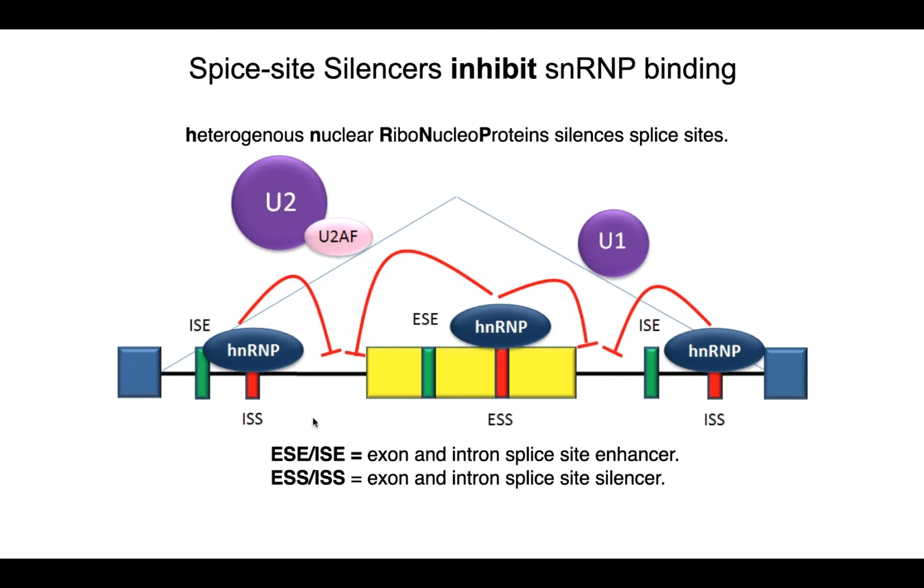Whether that silencer occurs within an intron or within an exon, we call it either an exon splice silencer or an intron splice site silencer. Same thing with the enhancers. If that enhancer is within an exon, it's called an exon splice site enhancer, or in green here, an intron splice site enhancer.